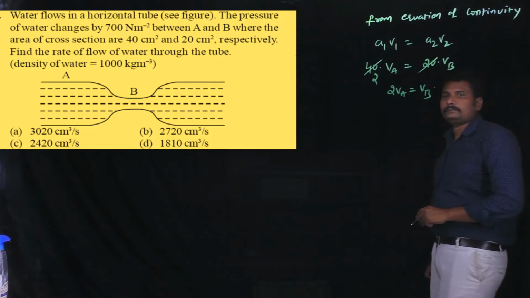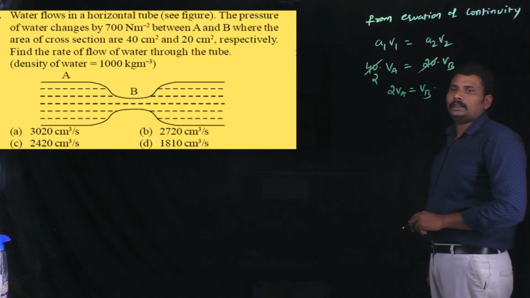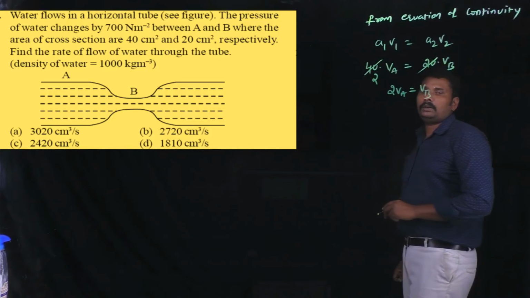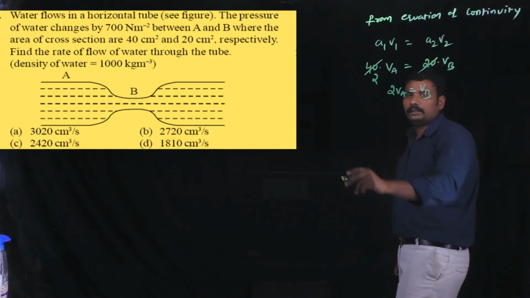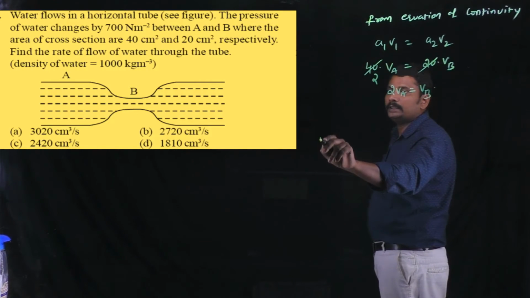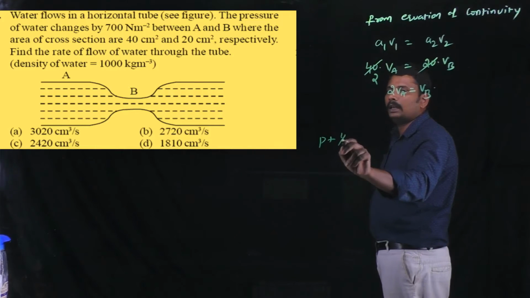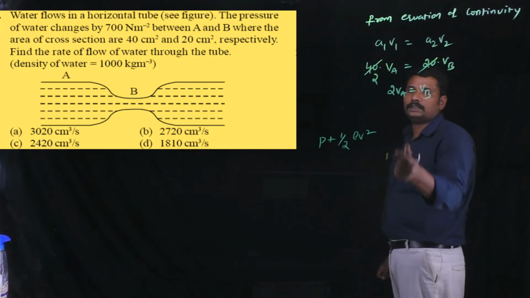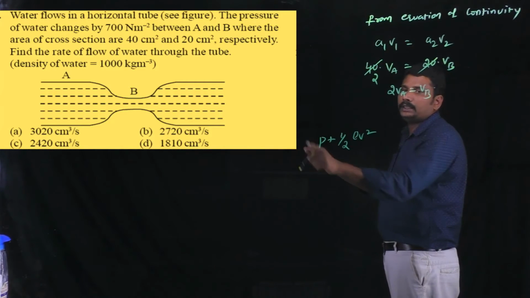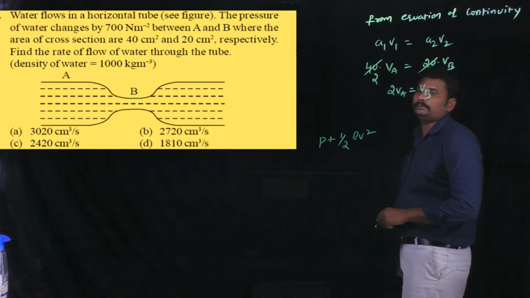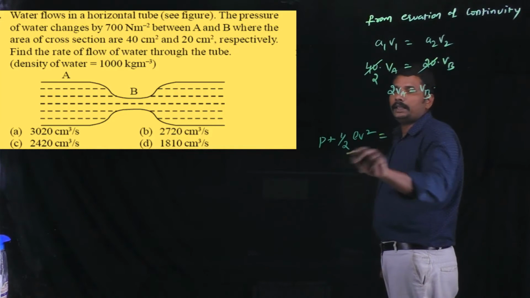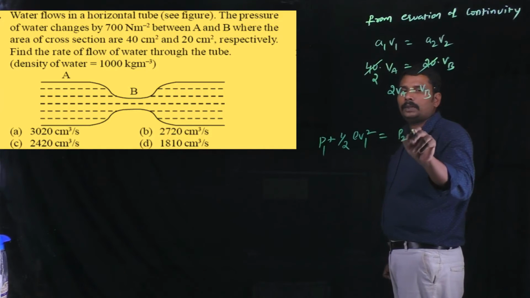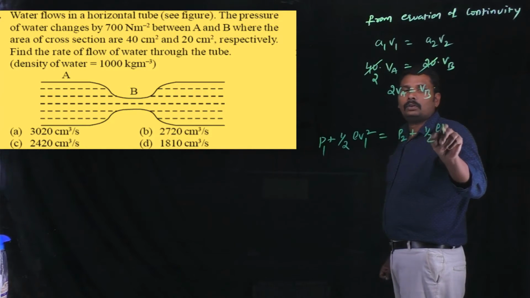Here, from Bernoulli's principle, this is a horizontal pipe, that's why there is no potential energy term, and from the statement of Bernoulli's theorem, P plus half rho V square is constant. Here there is no rho g h because the heights of A and B from the ground are the same. So P1 plus half rho V1 square equals P2 plus half rho V2 square.